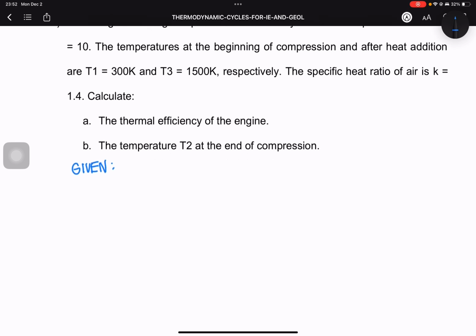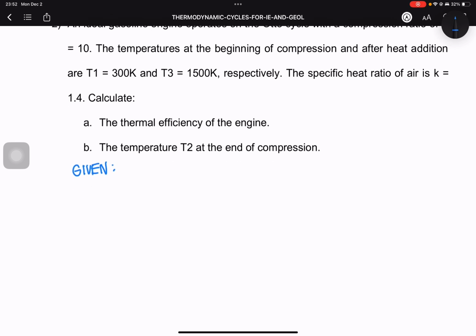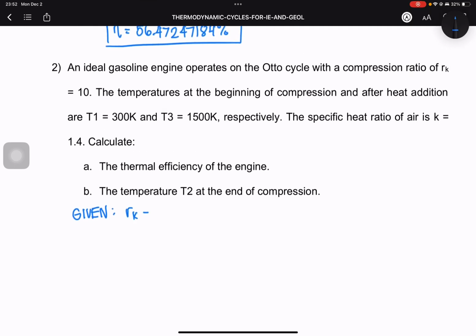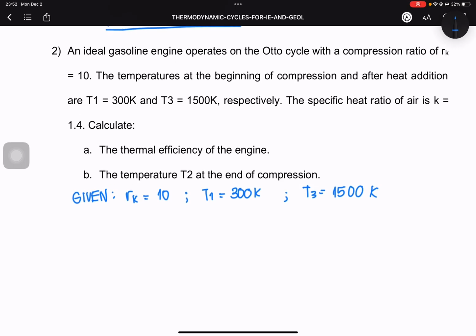Our given here is the compression ratio, 10. We also have T1 at 300 Kelvin, and T3 which is 1500 Kelvin. Find A, the thermal efficiency, and B, T2.